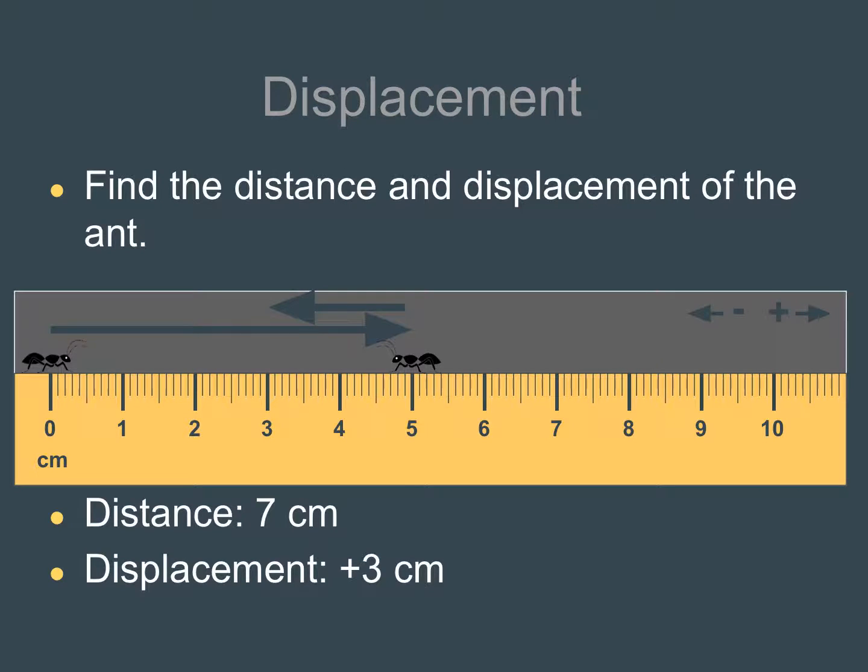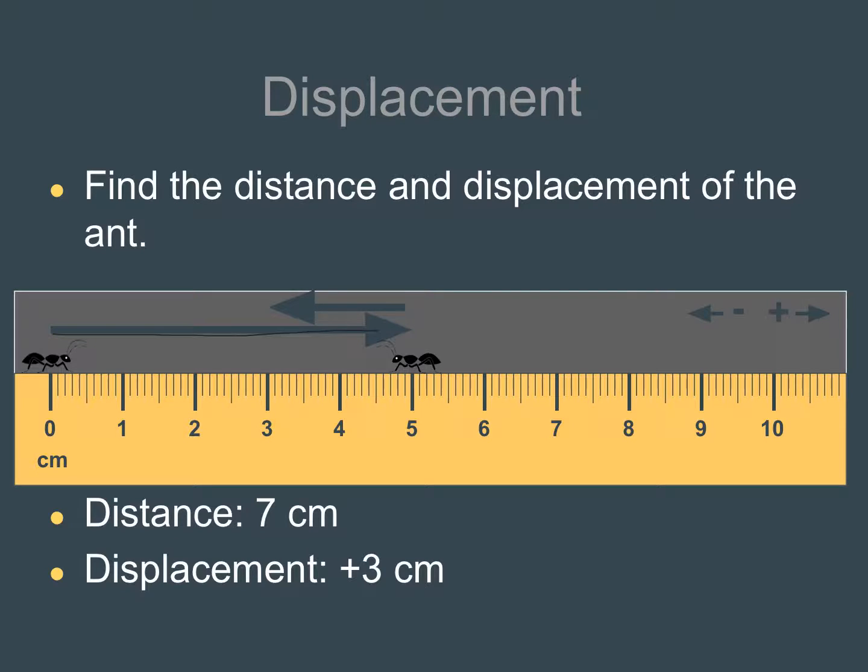All right, now here comes our complicated one. We said earlier that our ant went 5 centimeters this way, turned back around and went 2 centimeters this way to land at 3 centimeters on our ruler. His distance was 7 centimeters. Now, what did he do as far as displacement?